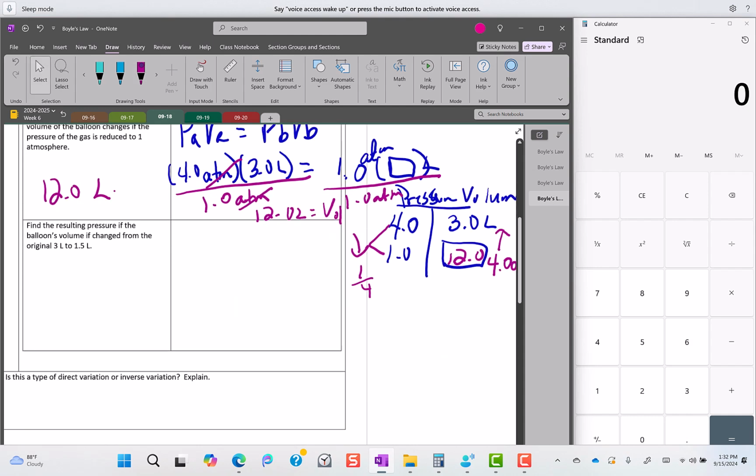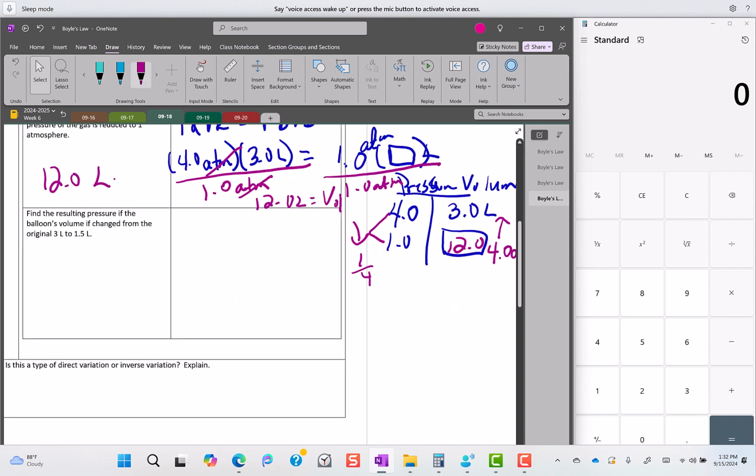Now they want to find out the resulting pressure if the balloon's volume changed from the original 3 liters to 1.5 liters. We still have our setup over here, so I'm just going to extend it.